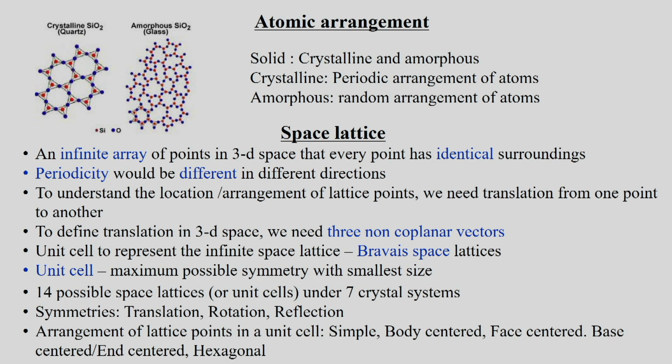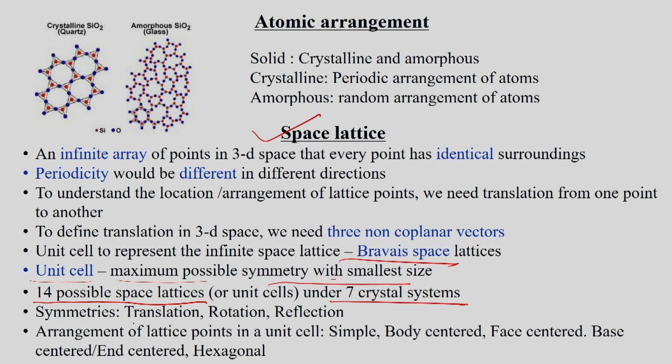In the beginning we discussed the atomic arrangement, then the space lattice, like the 7 crystal systems, then the various space lattices like the unit cell, maximum possible symmetry with the smallest size, then 14 possible space lattices under these 7 crystal systems.